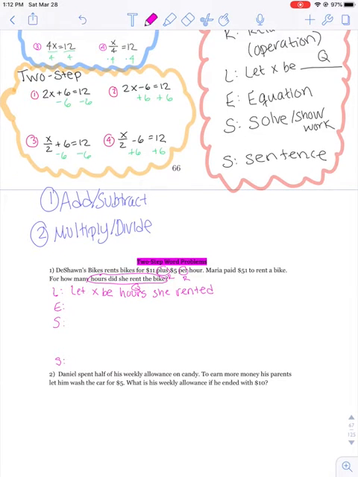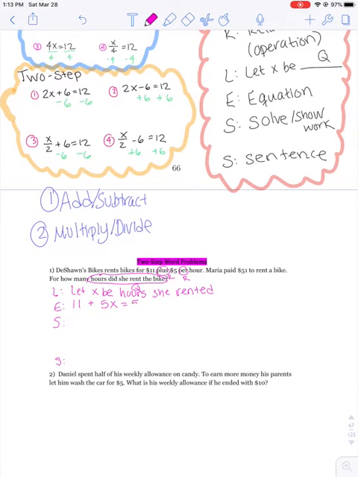Now the equation. So if I look again at my orange cloud, my equation has to look like one of those. So let's see. If I'm looking at the story, it says $11 plus $5 per hour. So if I start with my $11 and then I do plus $5 per hour, per means multiplication or division, but I know if I'm trying to find the total amount of money, I want to multiply that.